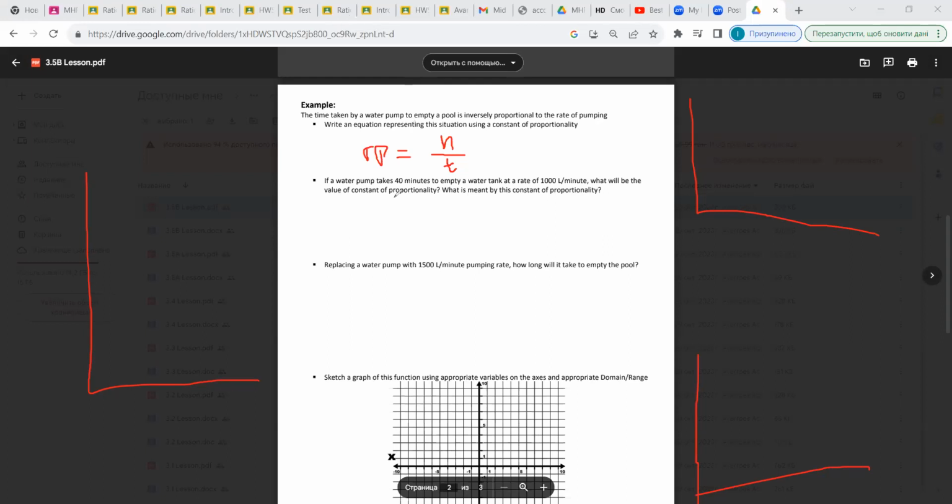So we know that the function for the time that it takes to empty the pool would be time equals constant of proportionality divided by the rate of pumping, right? Great. Knowing that, constant of proportionality would be equal to the time that it takes to empty the pool times the pumping rate, which would be equal to 40,000.